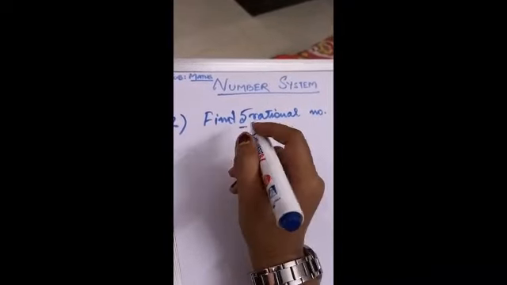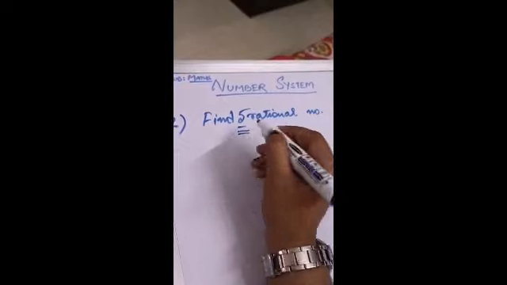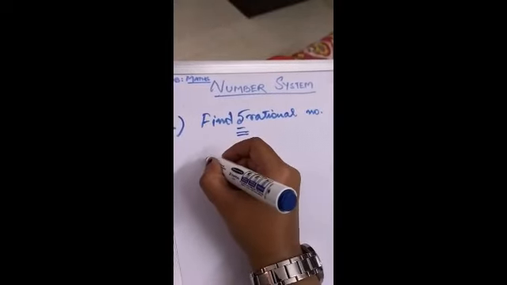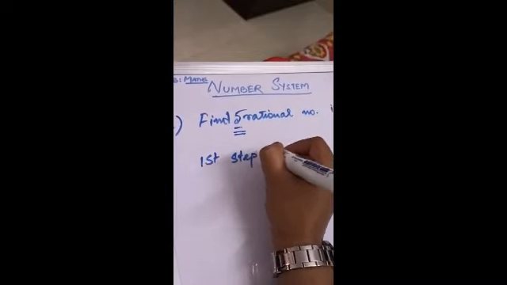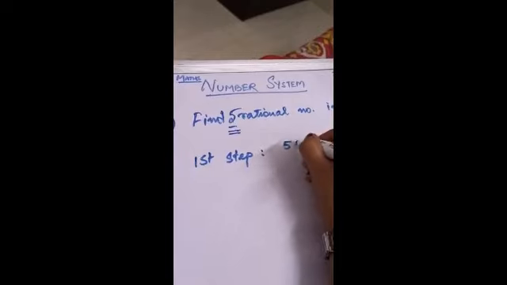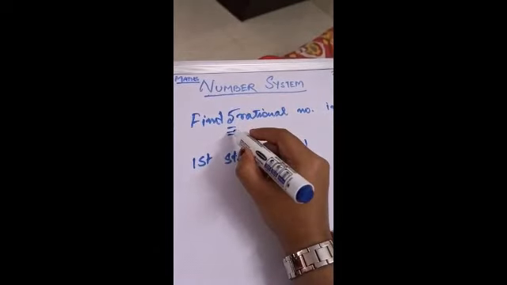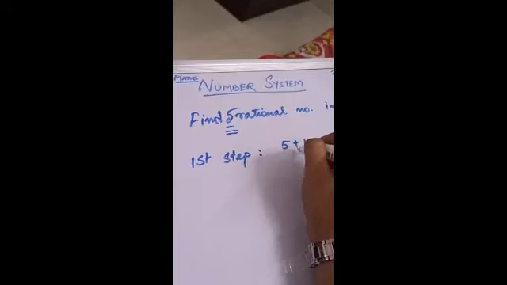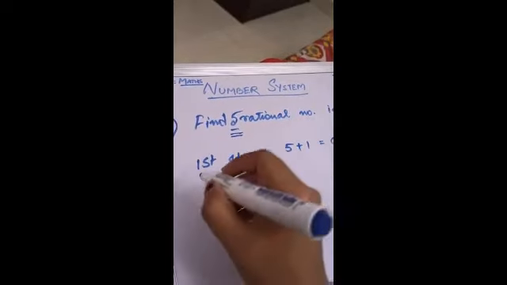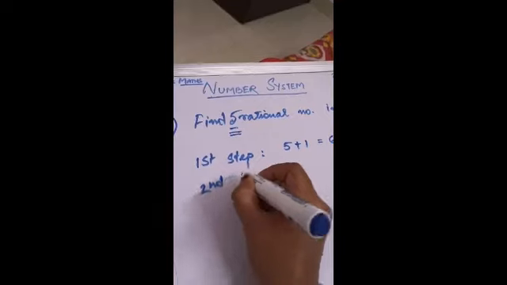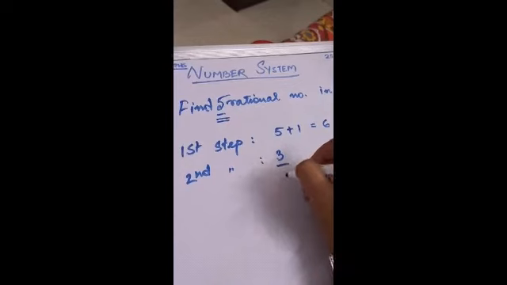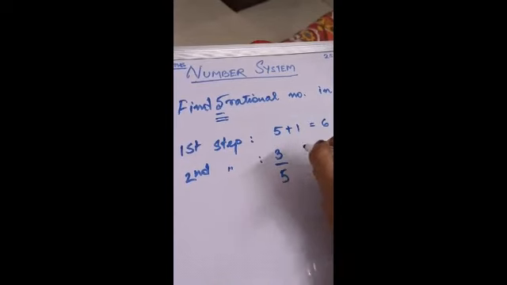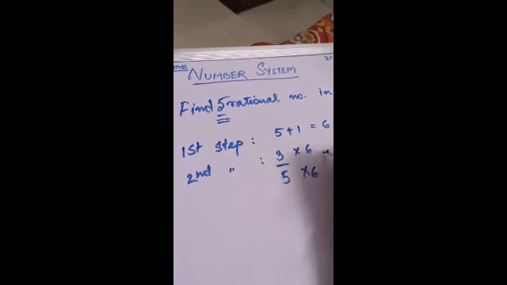So as you know, 5 rational numbers you need to find, right? So what will be your first step? First step is to add 1. The number of rational numbers asked, you have to add 1 to it, so it makes 6. Second step is you have to multiply both the numerator and the denominator with the number.